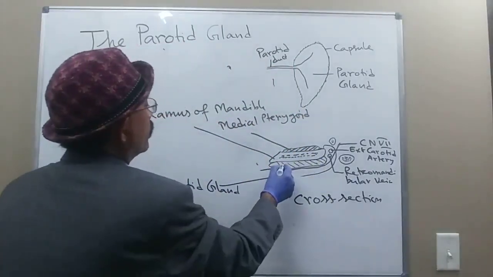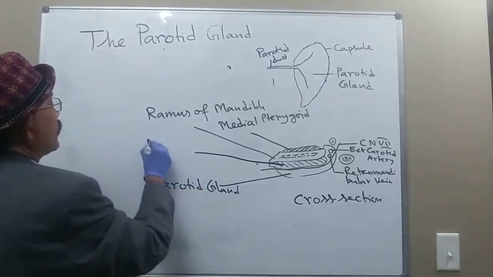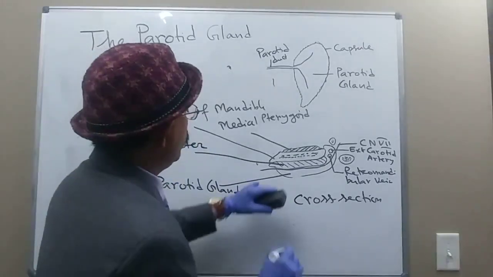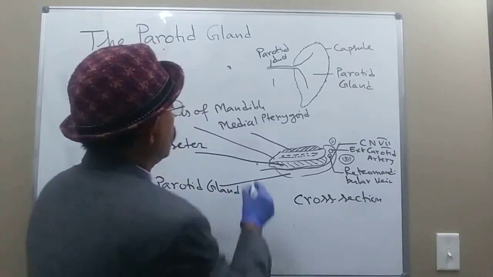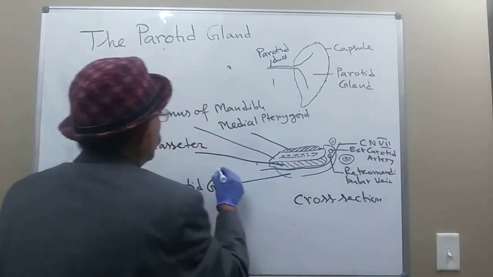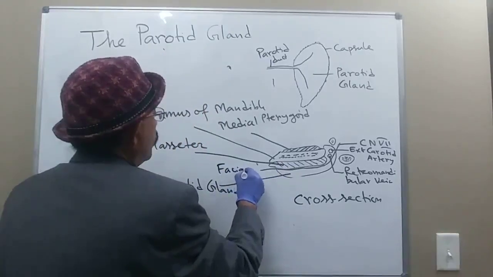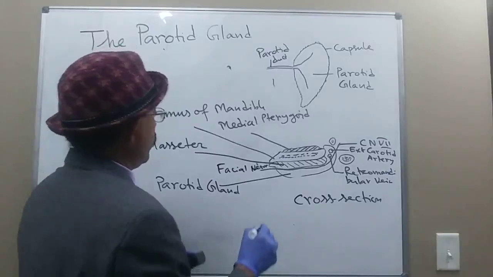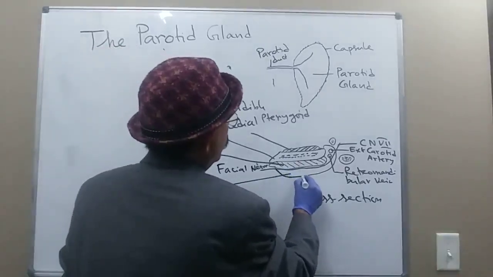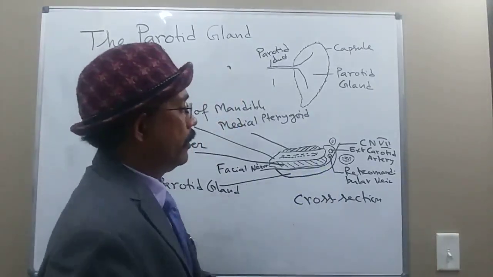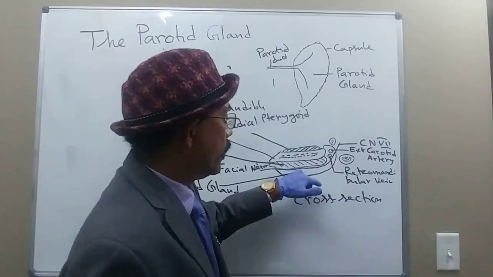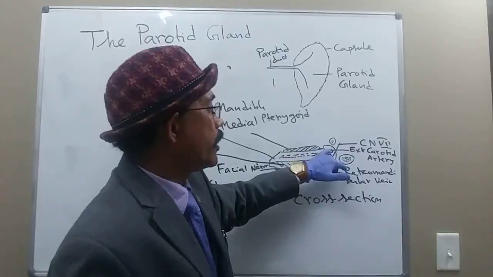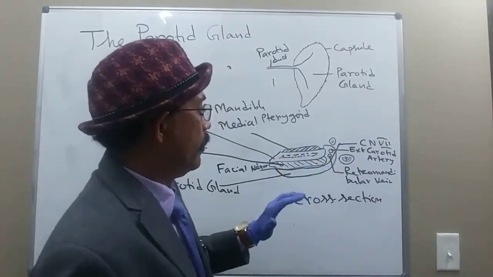Now what is this muscle? This is the masseter. And this is what nerve? This is the facial nerve, cranial nerve 7. And this is the parotid gland, and it contains the facial nerve, the retromandibular vein formation, and the external carotid artery's termination.